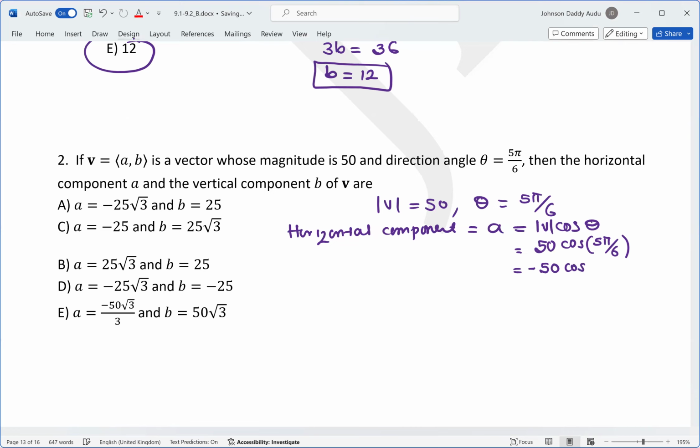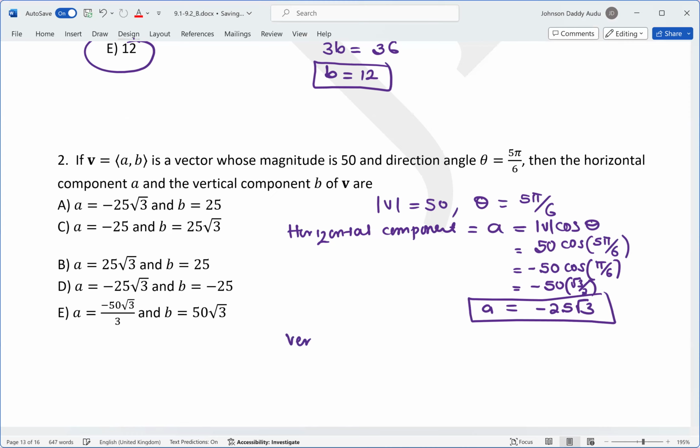Now this will be cosine pi over 6, right? And this will be minus 50 times cosine pi over 6, which is the same thing as cosine of 30, which is going to be √3/2. So this is going to be minus 25√3. So this is our A.